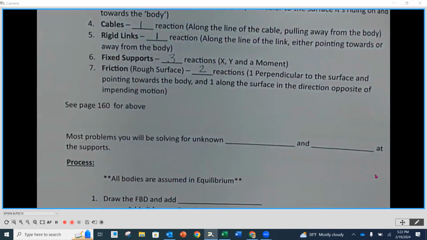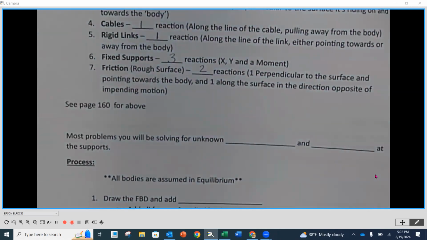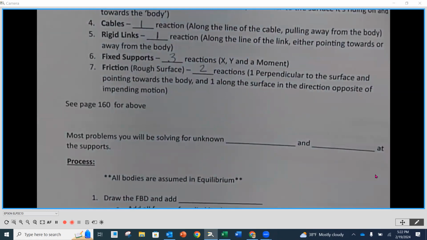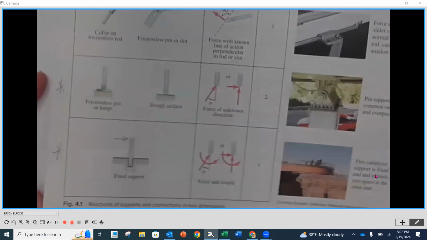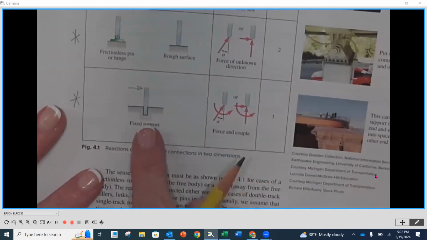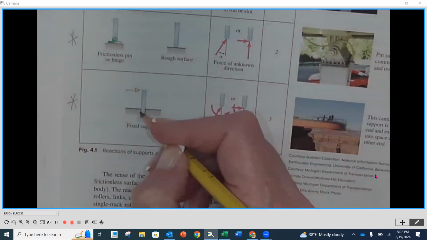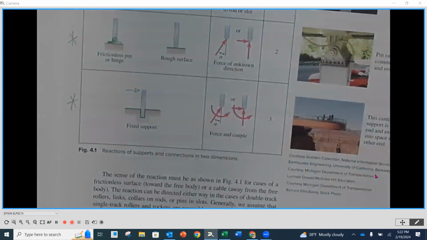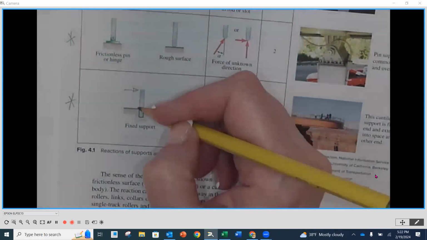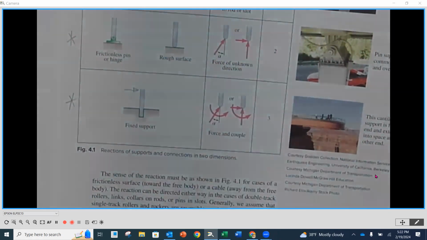It's going to have the ability to constrain in the X, the Y, and a moment. Now, a fixed support is going to be something like what we see here, okay? And all of the support is on one end, and the other end is free. And along the length of that post or that beam, it's going to have some forces on it.